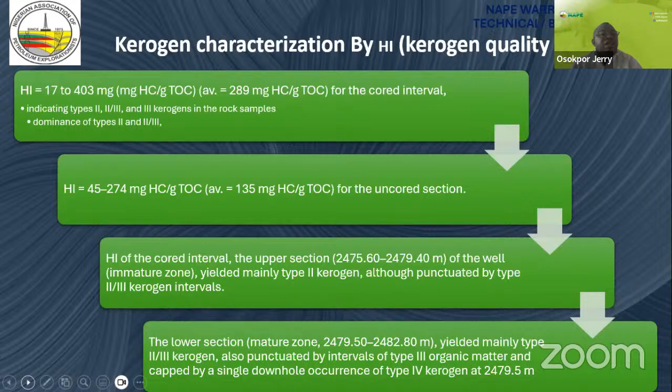These values indicate different types of kerogen, ranging from type 2 to type 3 in the samples. In this section, there was a dominance of type 2 and type 3 kerogen, while for the uncored section, we also have a dominance of other kerogen species, as shown in the slide here.